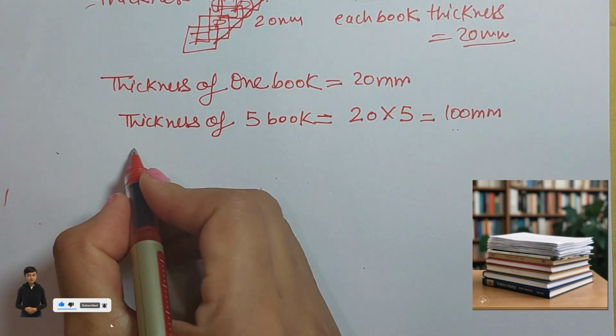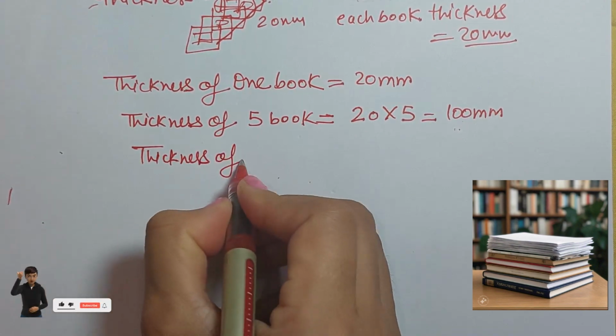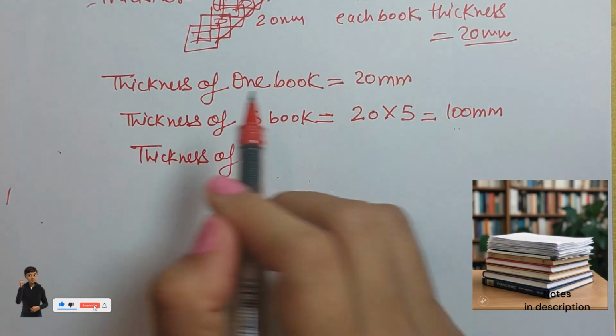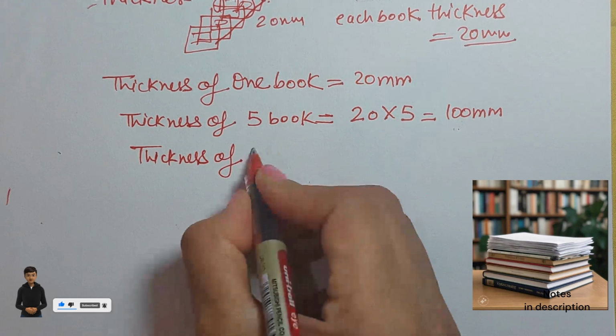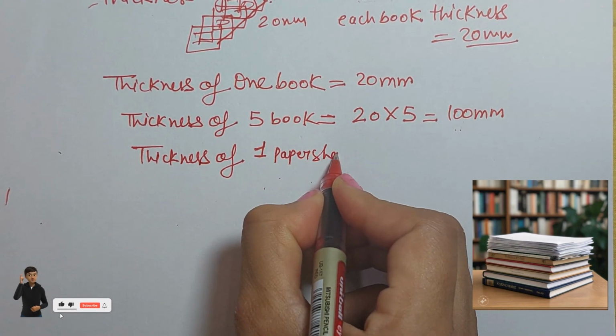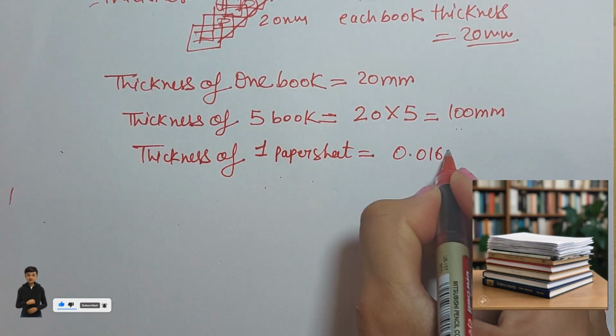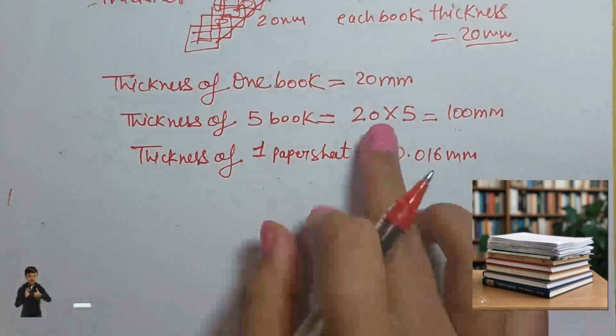Now tell me first, what is given in the question? Sheet. So thickness of one paper sheet is 0.016 mm. Right?